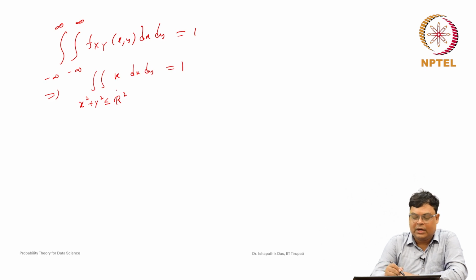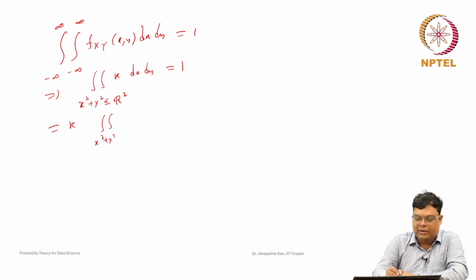So, this is a constant. It is an even function. So, we will do the integration. This is nothing but k into the integration over x square plus y square less than or equal to r square of dx dy.